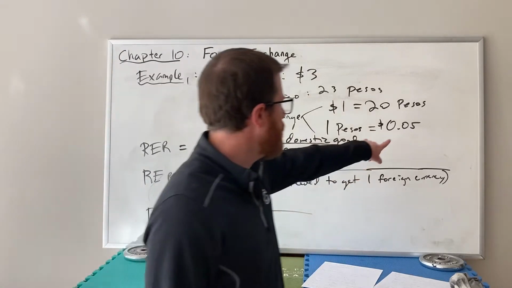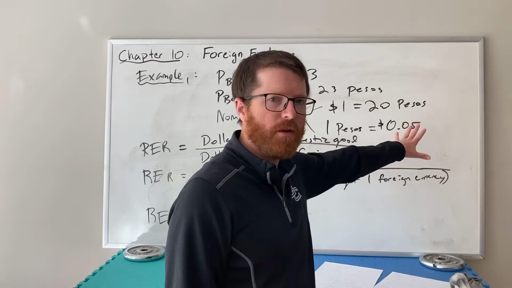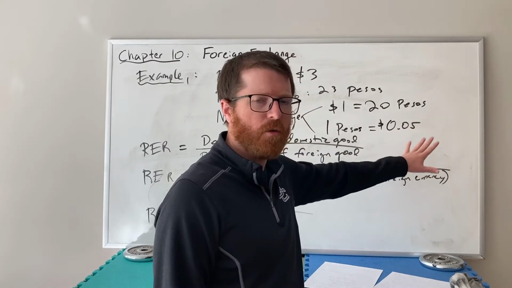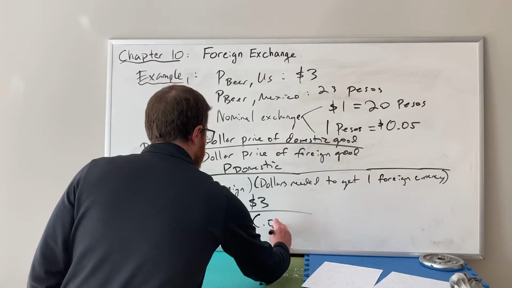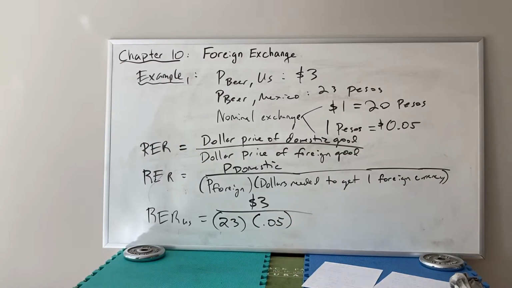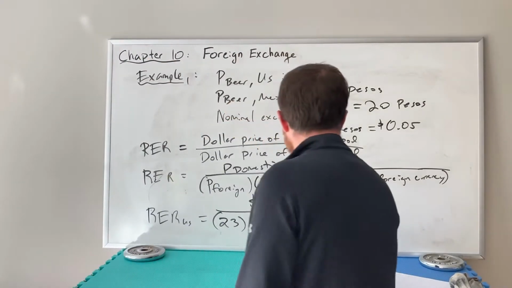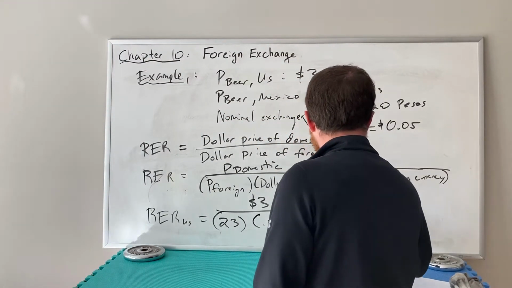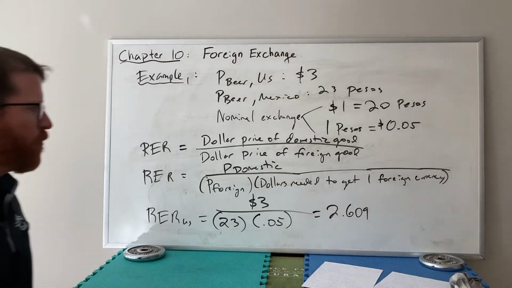So in this case, the amount of dollars you need is 0.05, 1 over 20. 1 over $20 will get you 1 peso, okay? And so that's why we get this 0.05. And so solving for that, what you would get is 2.609, roughly. So there's your answer.